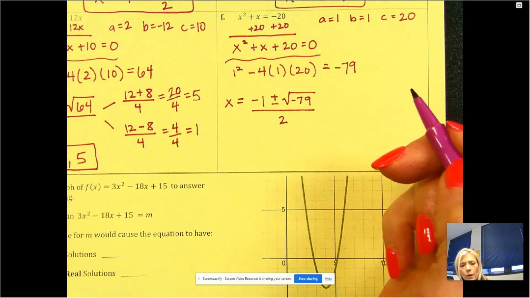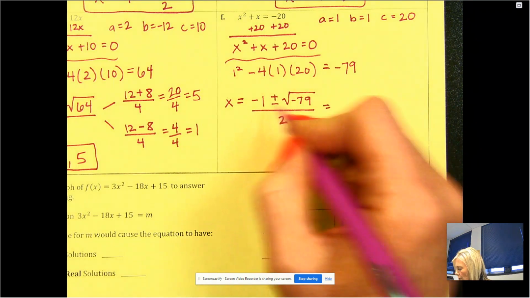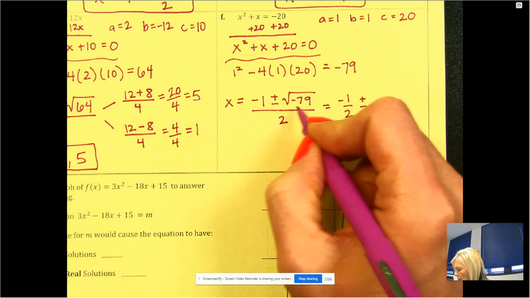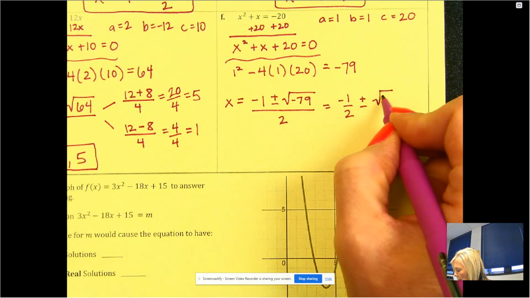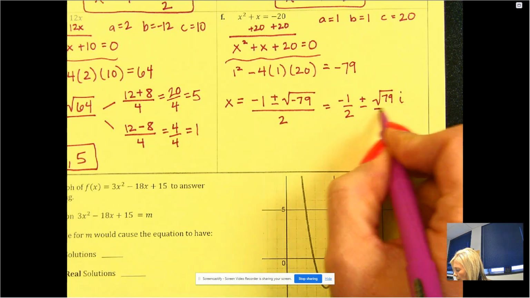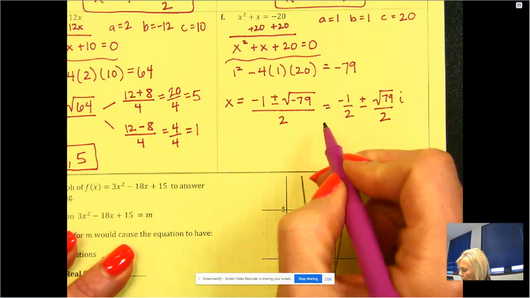So we're going to break this apart and simplify as much as possible. So negative 1 divided by 2. This will be root 79 i divided by 2. And then that's actually the final answer.